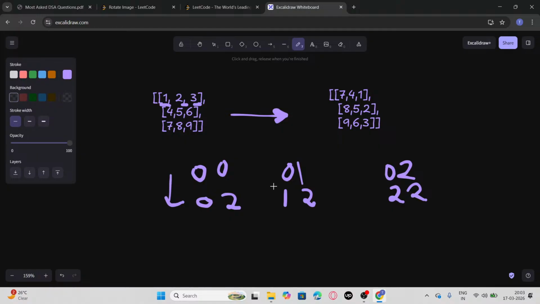Why is it so confusing? There has to be some relation.